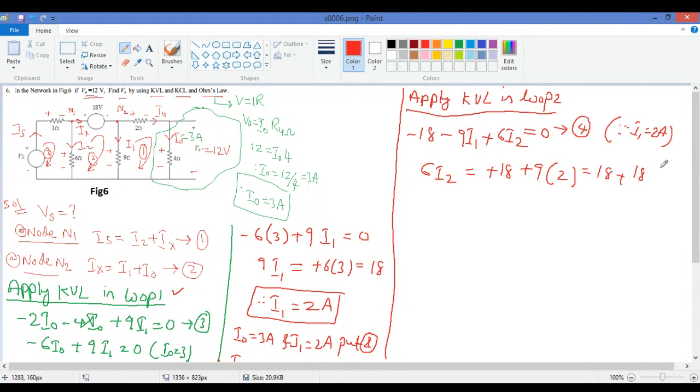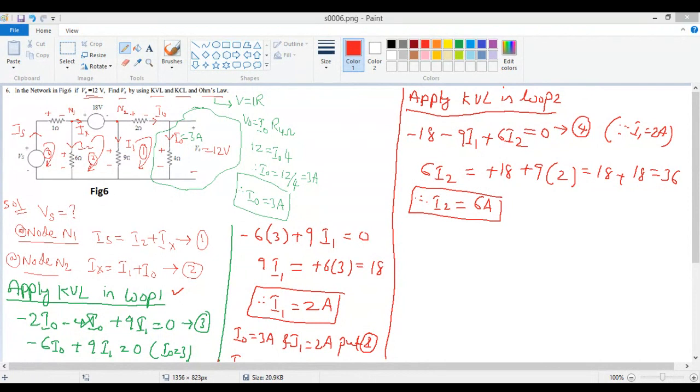How much? This is 36. So therefore I2 is equal to 36 by 6, which is 6 ampere. 6 goes 6 times. So I2 we got as 6 ampere.